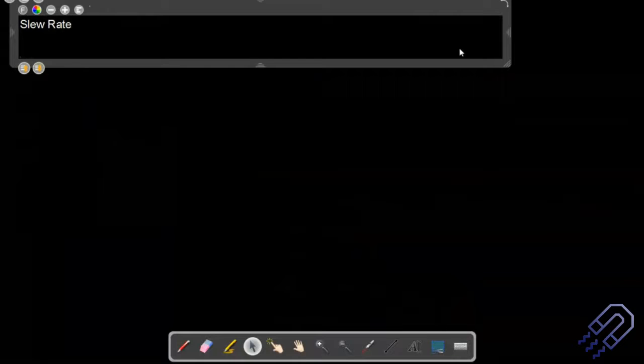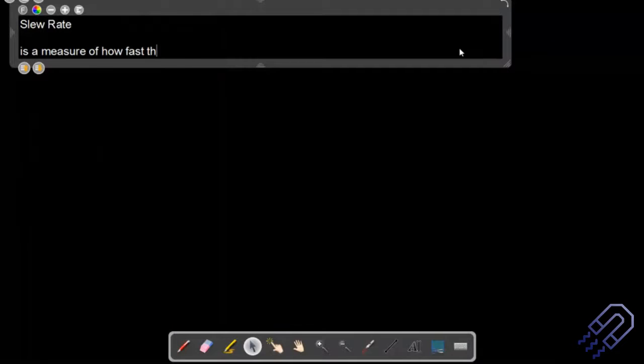And what exactly is slew rate? You apply an input signal and the output voltage will keep on changing. How fast this output voltage changes based on the input signal is called the slew rate. It is basically a measure of how fast the output voltage can change.